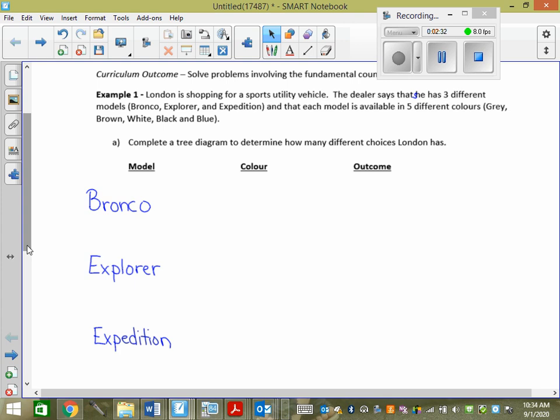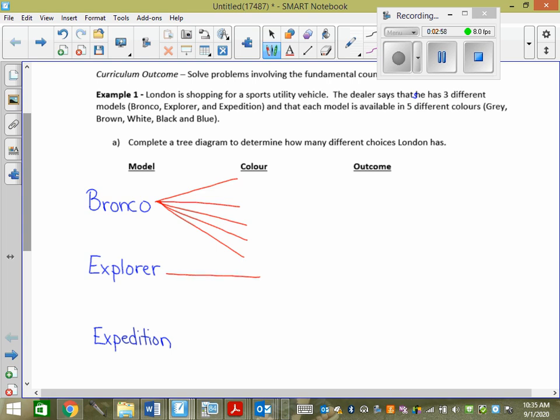All right. So we have a Bronco, Explorer, and an Expedition, so that would be 3 different kinds, right? Okay. But it's not just that. Each vehicle then gets to be chosen in 5 different colors. So off of each of these, so we have the model at the top, we're going to have a color. Off of each of these, we're going to have 5 little lines, right?